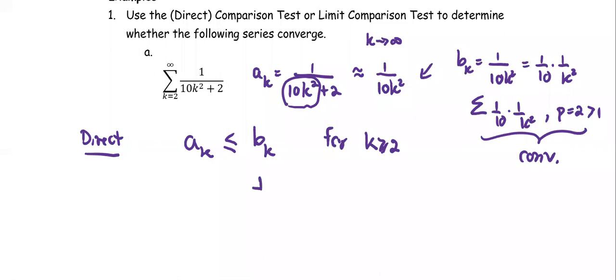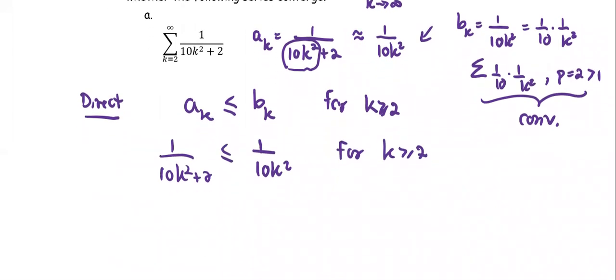As b_k is 1 over 10k squared and a_k is 1 over 10k squared plus 2, this inequality is true for k greater than or equal to 2. Since the right hand side is a term of the convergent series, the left hand side, the a_k term of the series, will converge by the direct comparison test.